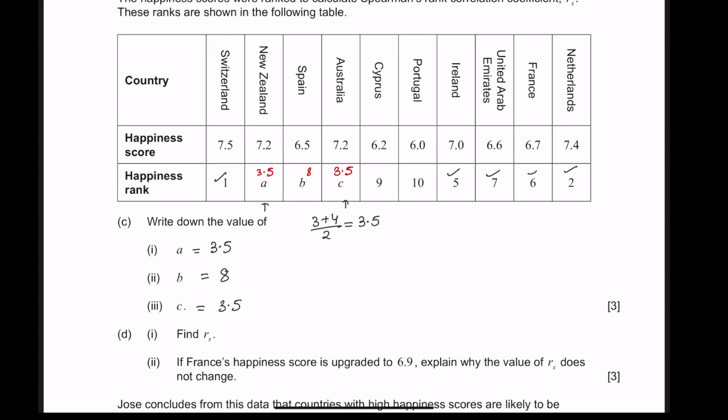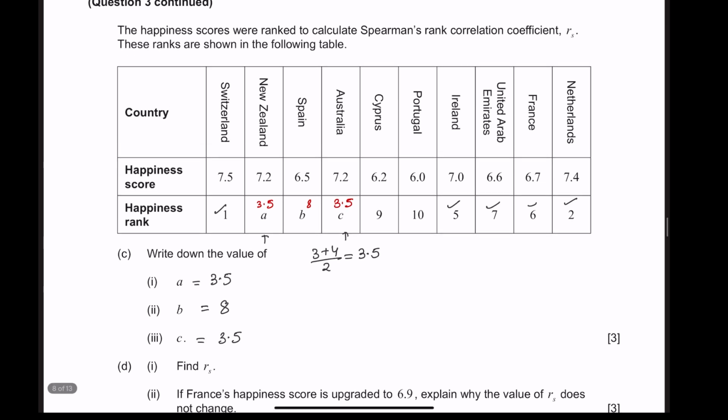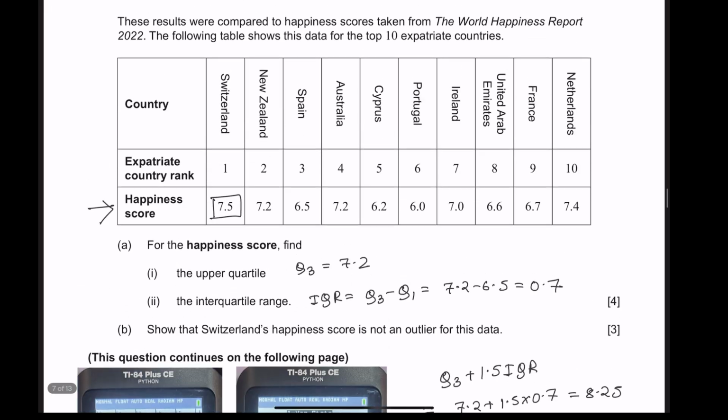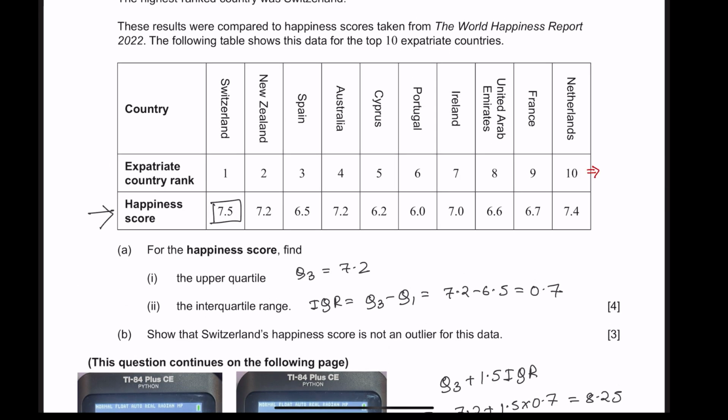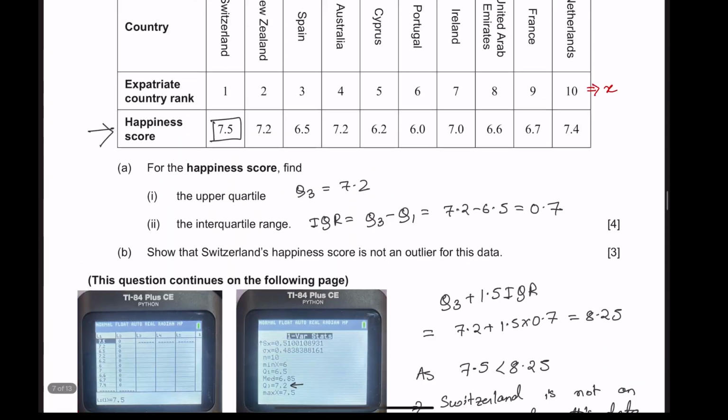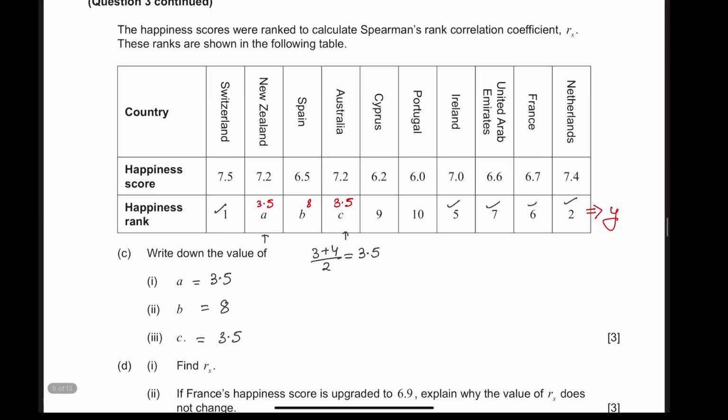Now we have to find the Spearman coefficient. The happiness scores were ranked to calculate Spearman coefficient R. So this happiness rank we'll put as our y, and this expatriate country rank we'll put as x. Now how to get this done? We'll put the expatriate country rank as L1 and the happiness rank as L2.